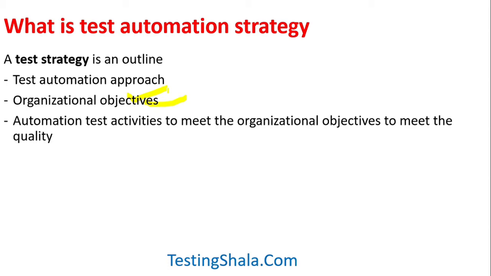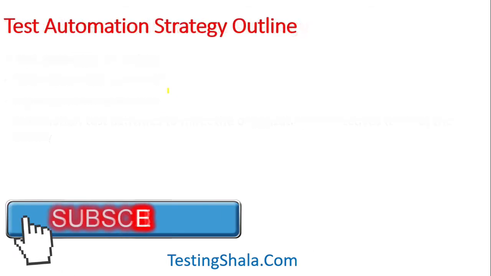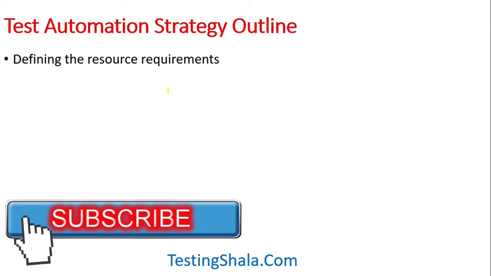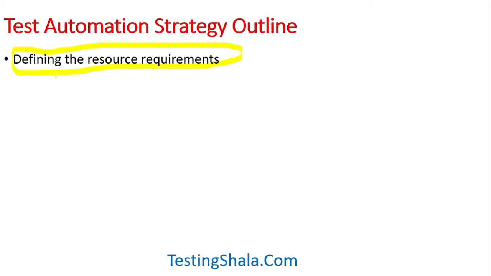Let us move on and understand in detail about test automation strategy. What are the ingredients of a test automation strategy? The test strategy will definitely have resource requirements. First of all, we should clearly define what the resource requirement is. Resources can be human beings, machines, or environments and so on.